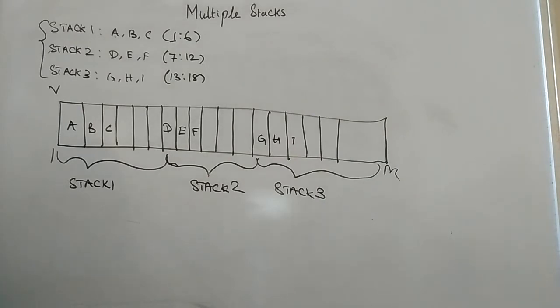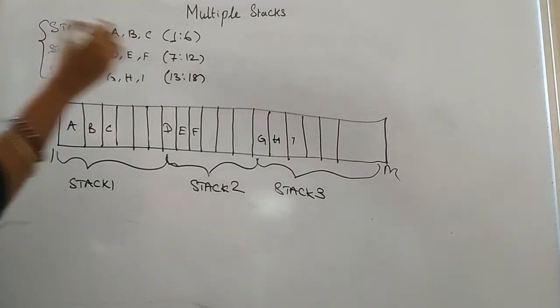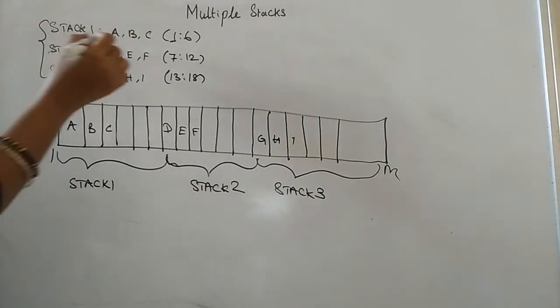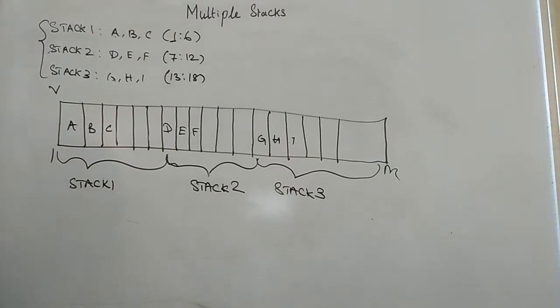If there are empty spaces here, there may be situations in which we may prompt the user that a stack is full. Let's see one example for that. For example, the elements of stack 1 are A, B and C only.